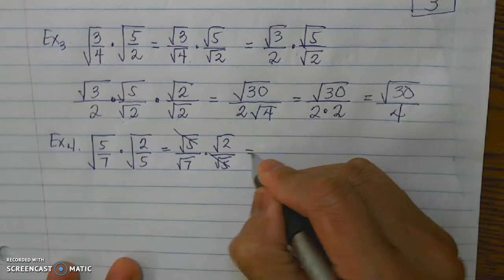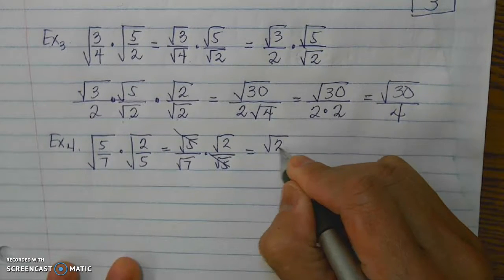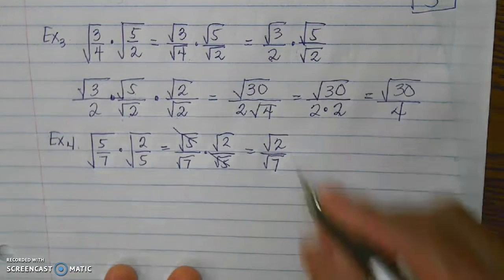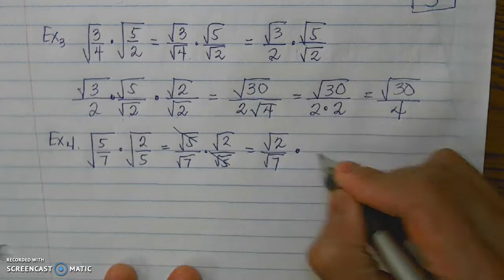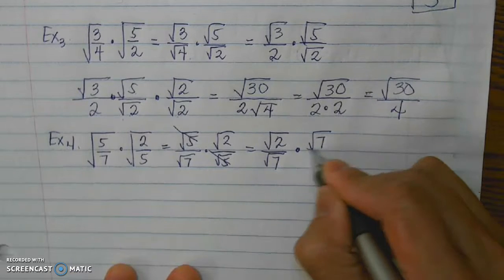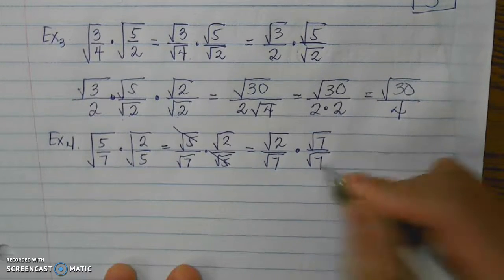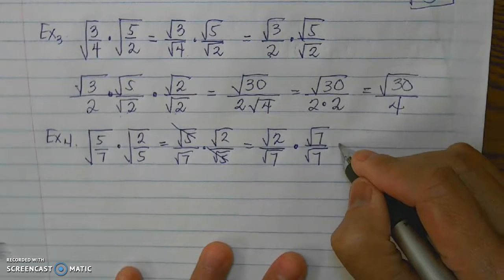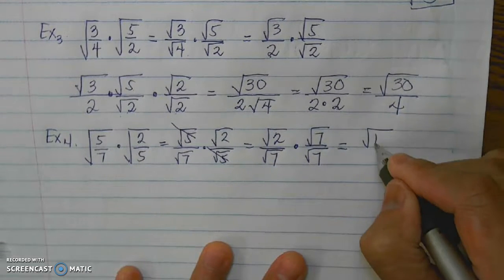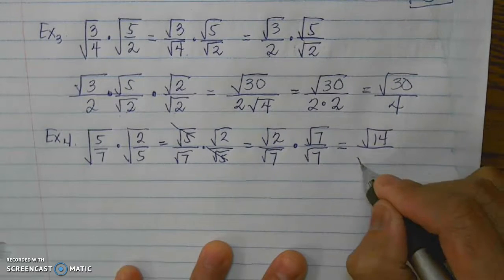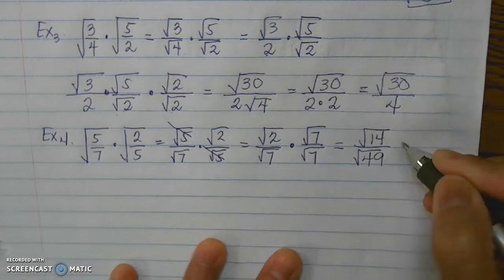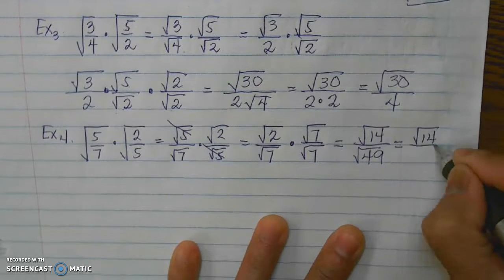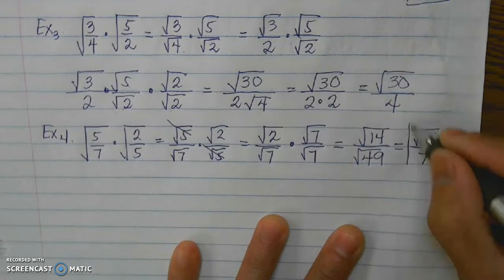Now I just have square root of 2 over square root of 7 to work on. So I will multiply this by square root of 7 over square root of 7. And this will turn to square root of 14 over square root of 49, which is square root of 14 over 7. That's the final answer.